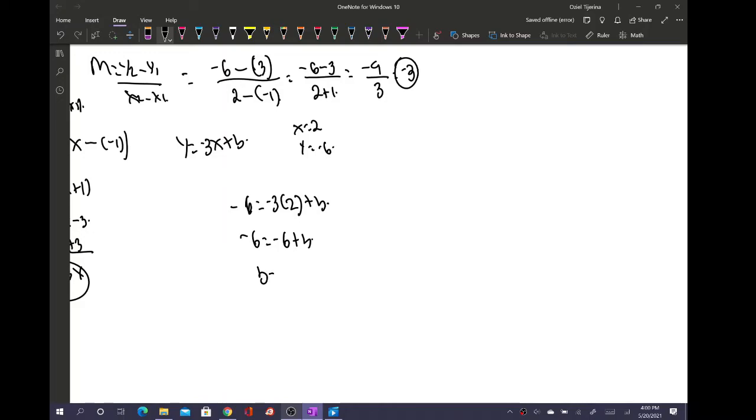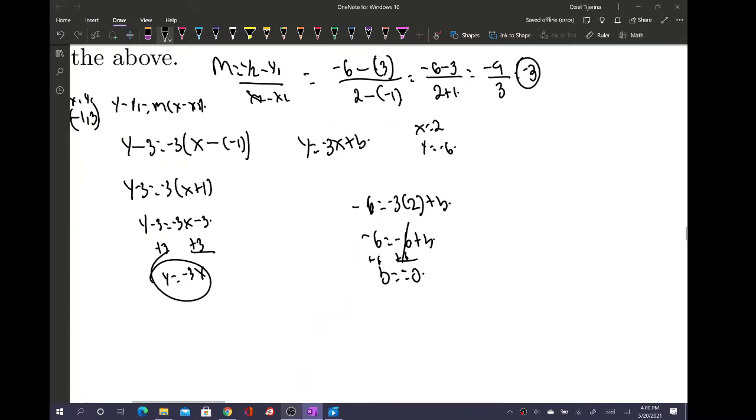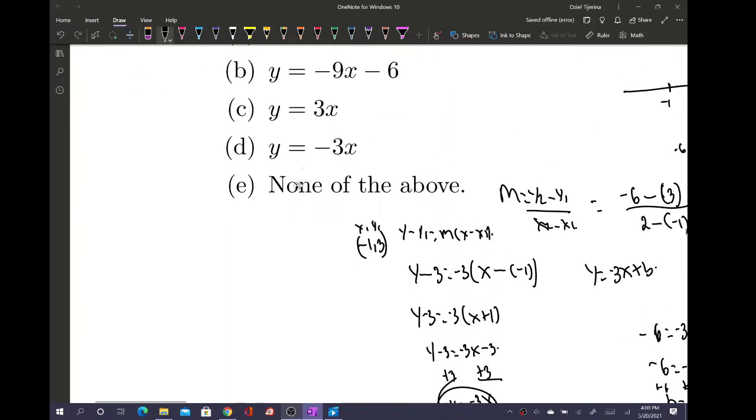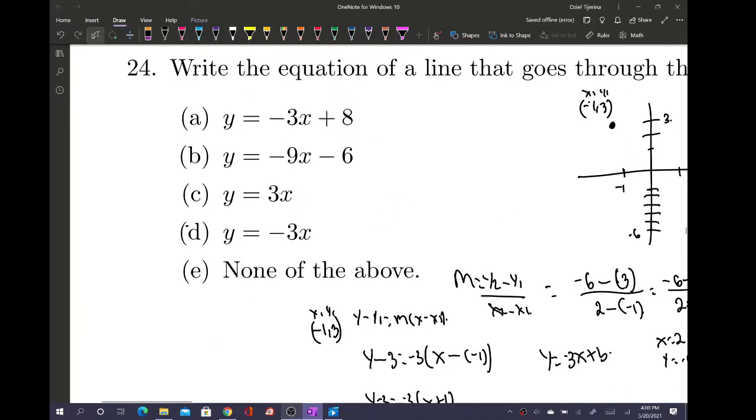So b, if we add 6 on both sides, is equal to 0. So our equation is y = -3x + 0, or y = -3x. Okay, so the answer to this one would be D.